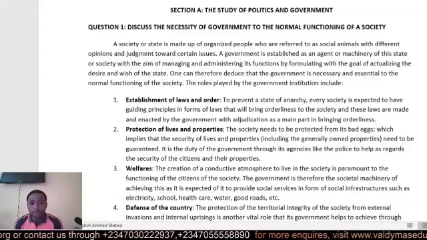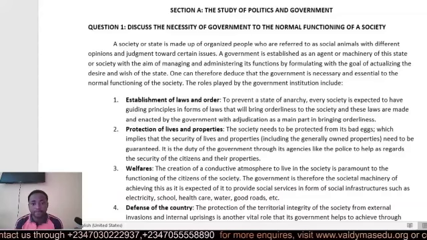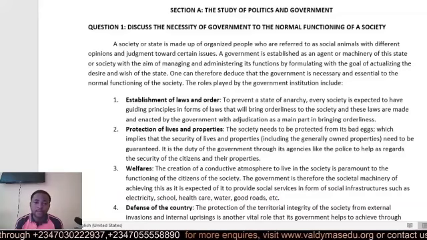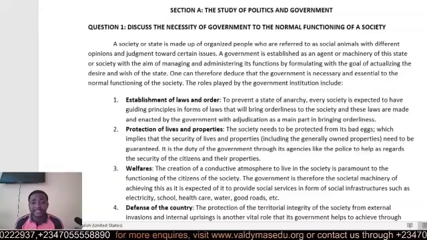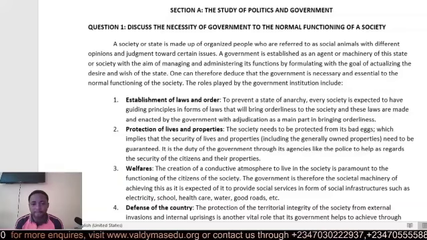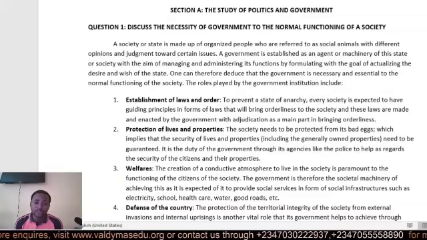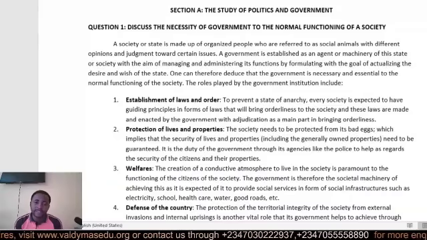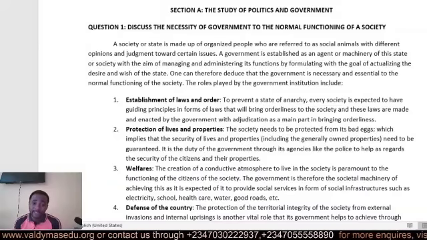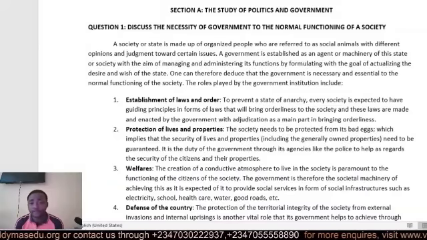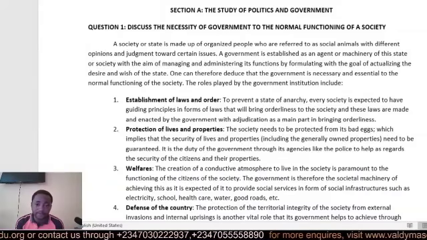First of all, we will be examining the first question, which says, discuss the necessity of government to the normal functioning of a society. Though this question is not direct, it can be confusing for some students.